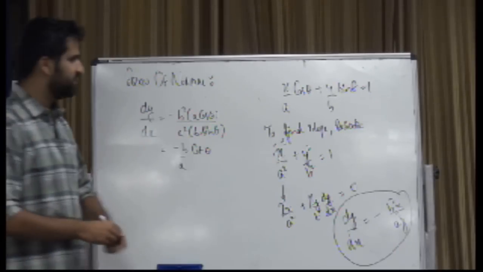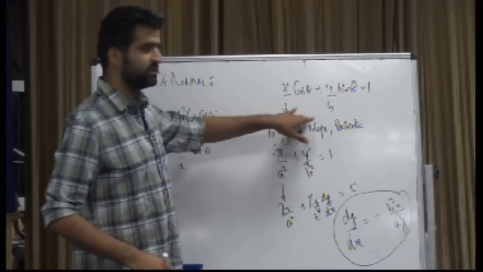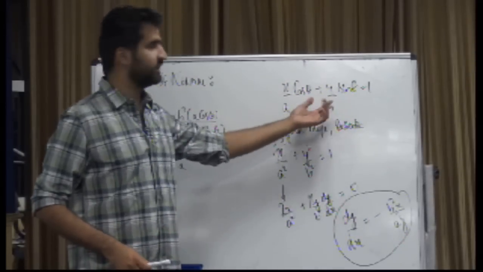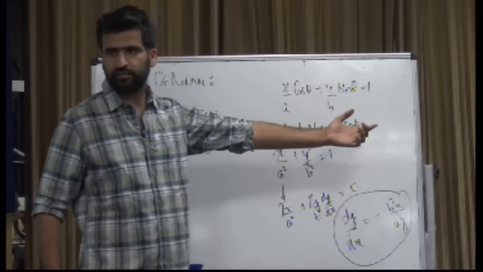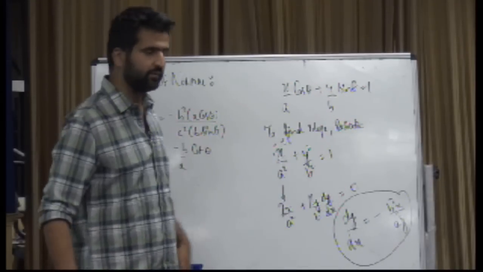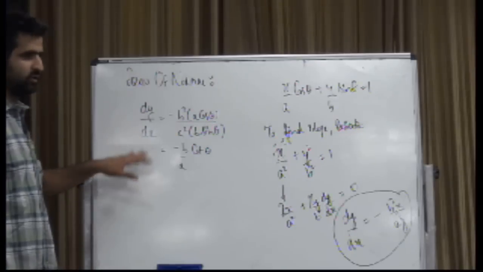And even you can see from here, what is the slope here? Minus the coefficient of x upon the coefficient of y. Remember, in the case of a straight line. So this is the slope of the normal, right?